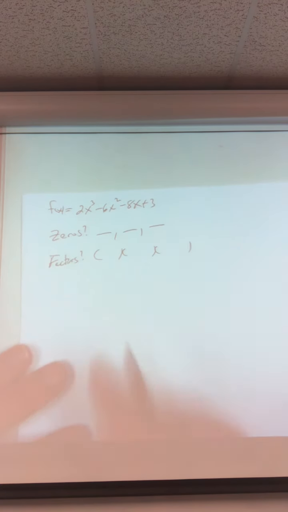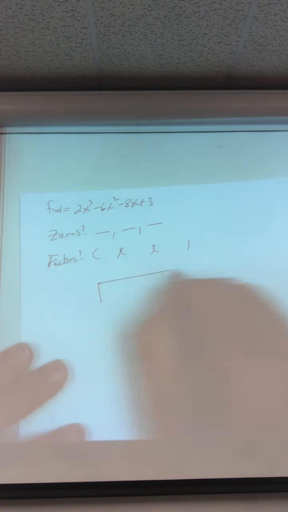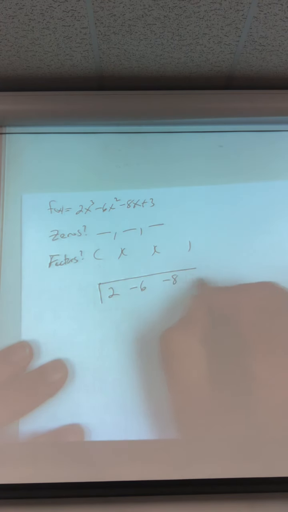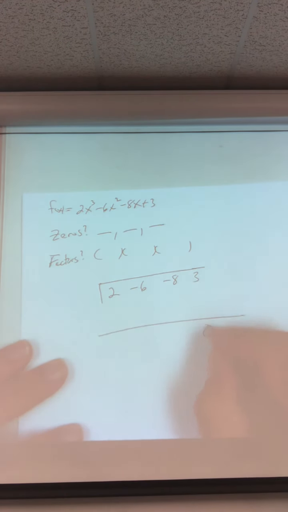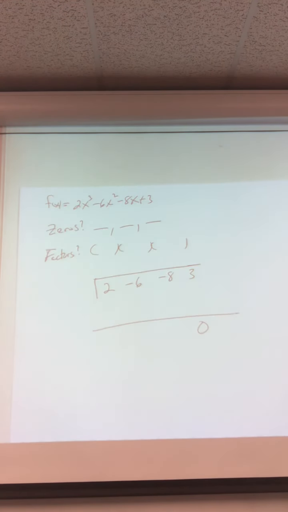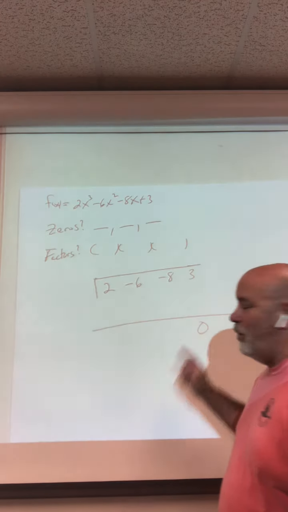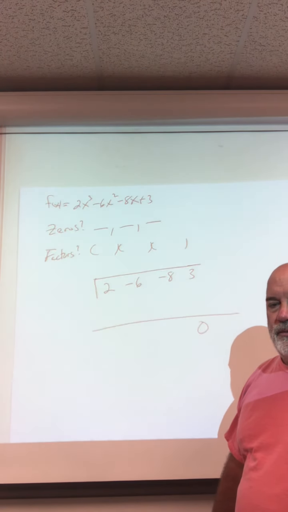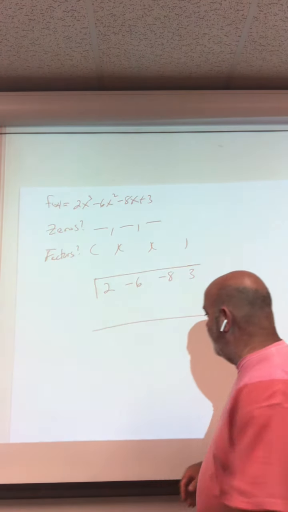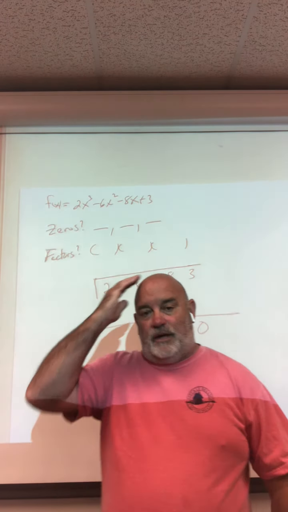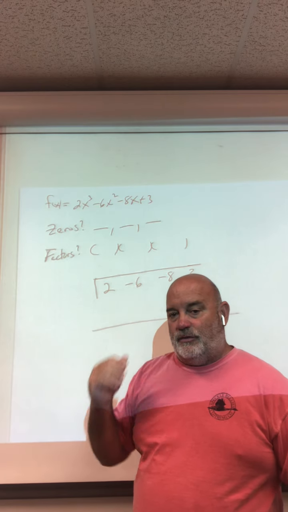We're going to have to do synthetic division. That's right. On this polynomial. That's correct. And we're going to keep doing this until we get a remainder of 0. That is exactly right. We're going to do synthetic division until we find one that gives us a remainder of 0. Then what will we do? We will take our answer and factor it, and that will give us our other two factors.